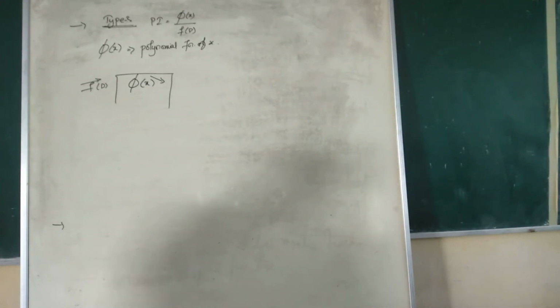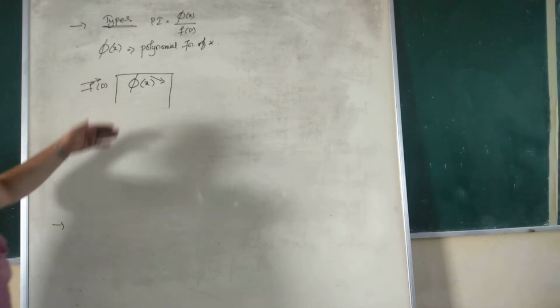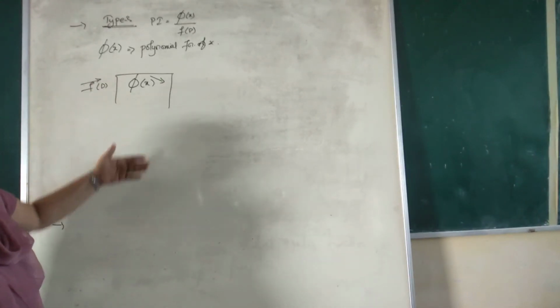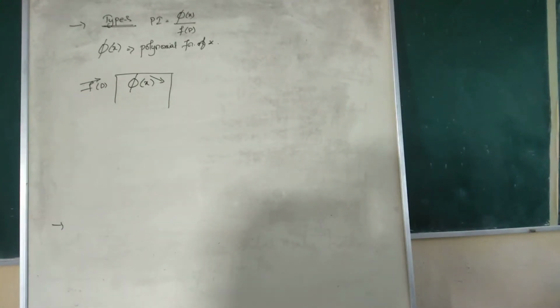Understood? This is how you arrange the divisor and the dividend, and then apply the algebraic long division method. Whatever quotient you get will be our particular integral. This is the quotient.